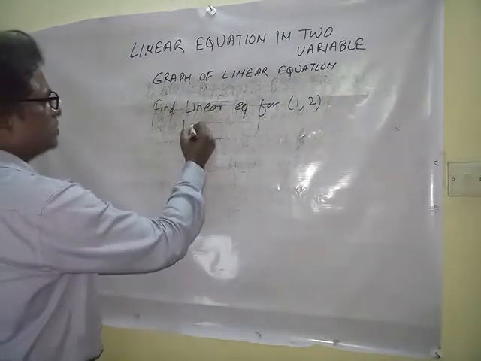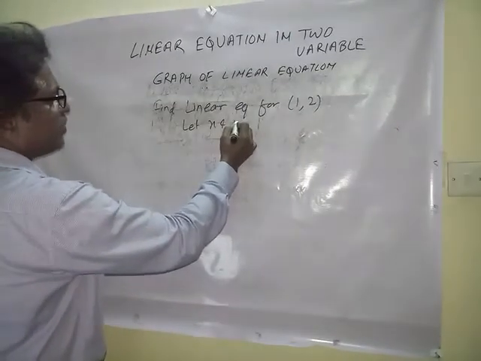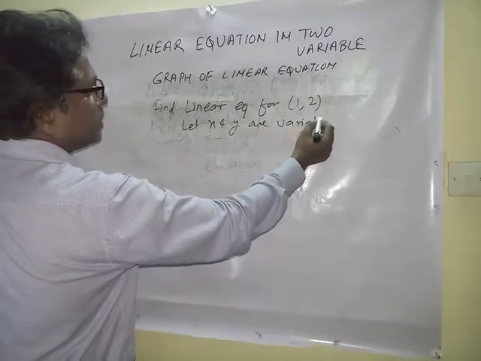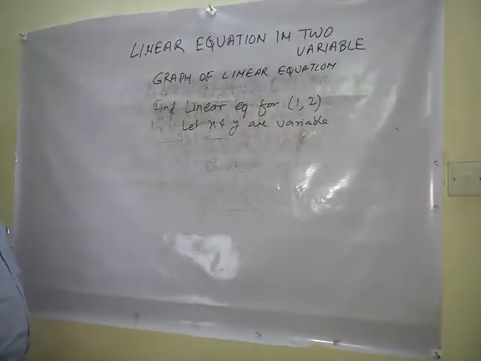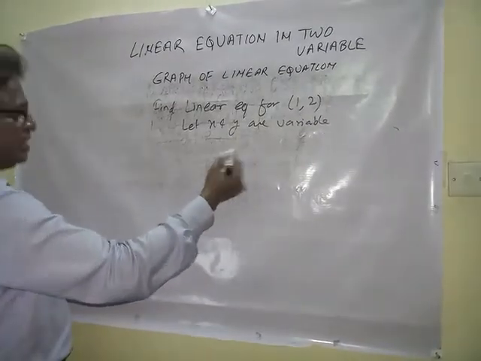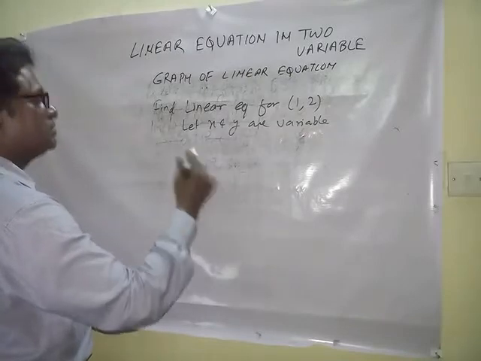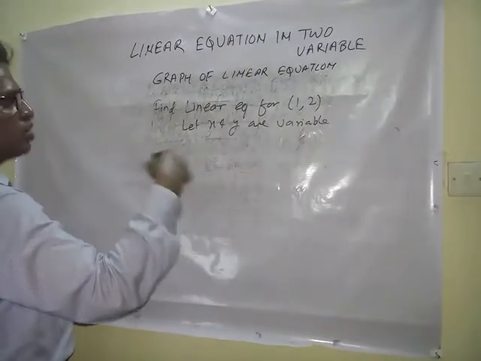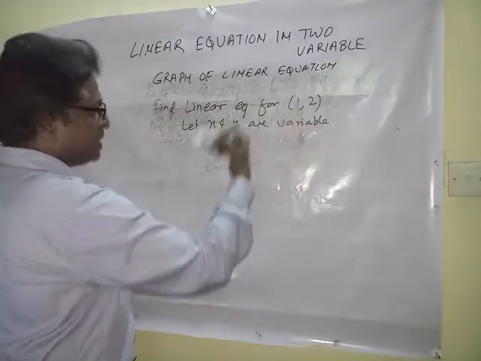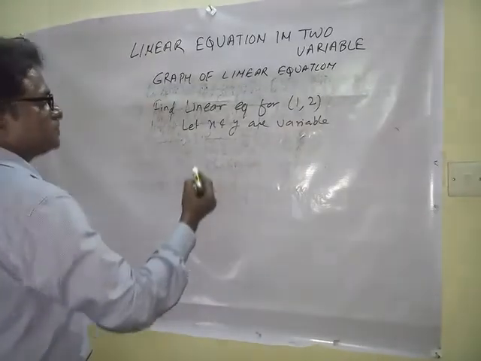So let us assume x and y are variables. There can be various linear equations. For one linear equation, it can have many or infinite solutions. Similarly, for one solution, there can be many linear equations.